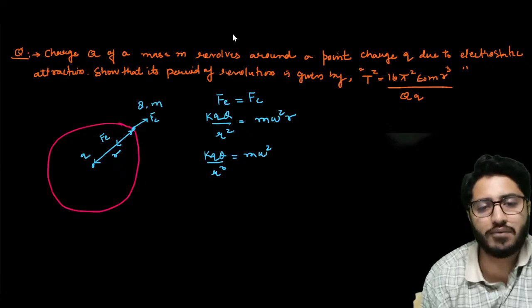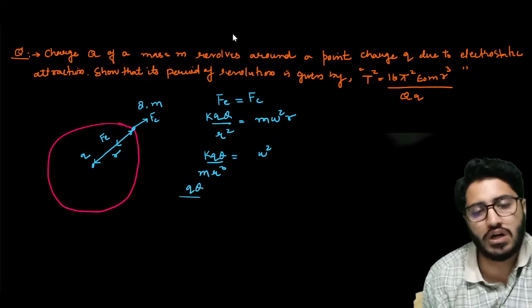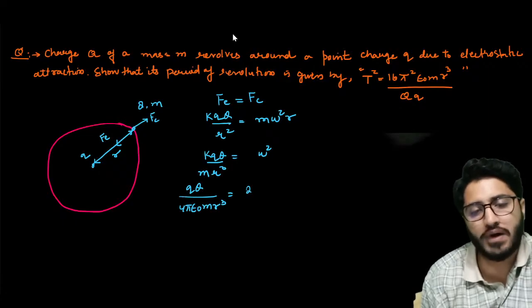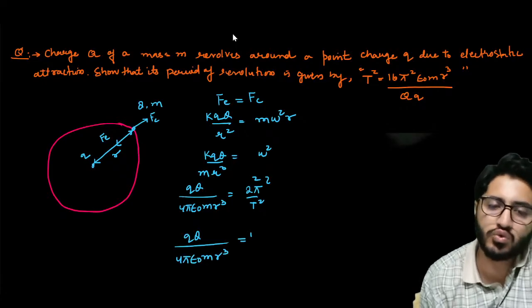I will take the m here also, right? Look here, m. What is K? So I can write q Q whole divided by 4 pi epsilon naught m R cube equals omega square. Omega is 2 pi by T, so it is 2 pi by T whole square. It is q Q whole divided by 4 pi epsilon naught m R cube equals 4 pi square by T square.